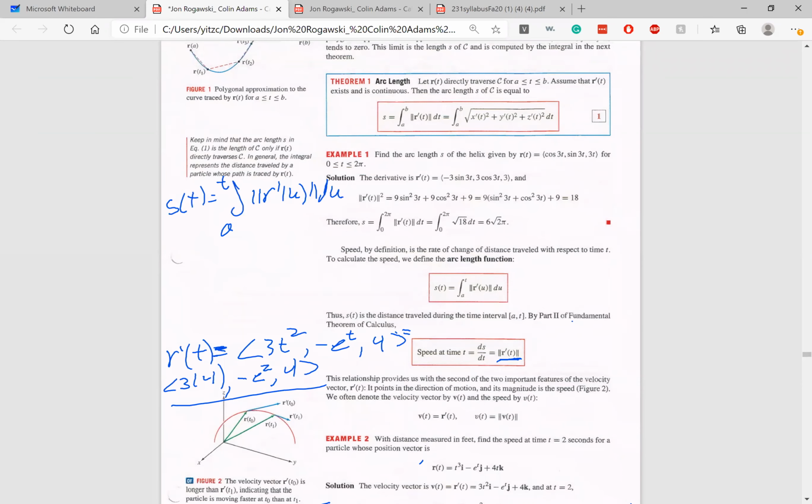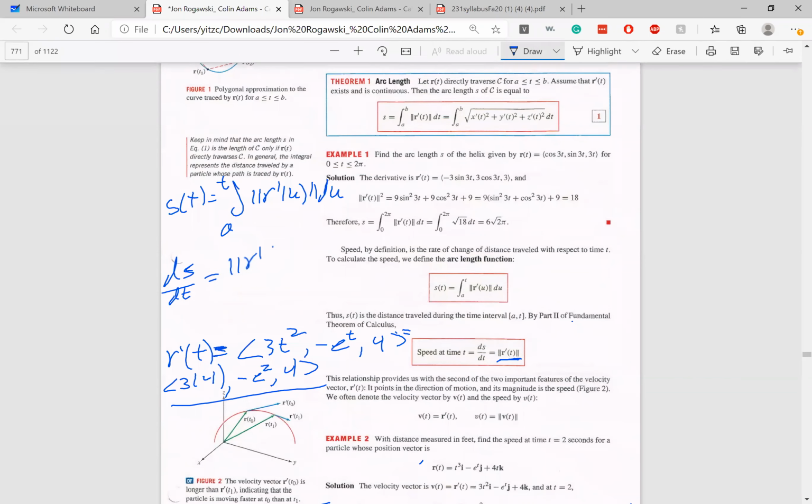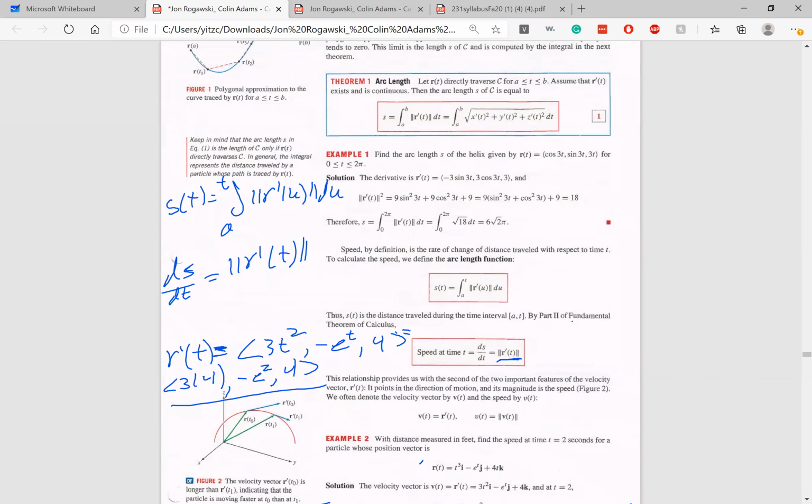And now ds over dt, that's going to be this, and this is the speed, the magnitude of the velocity. I would say you can pretty quickly intuit or accept that that's going to be the speed of the particle at the point t.